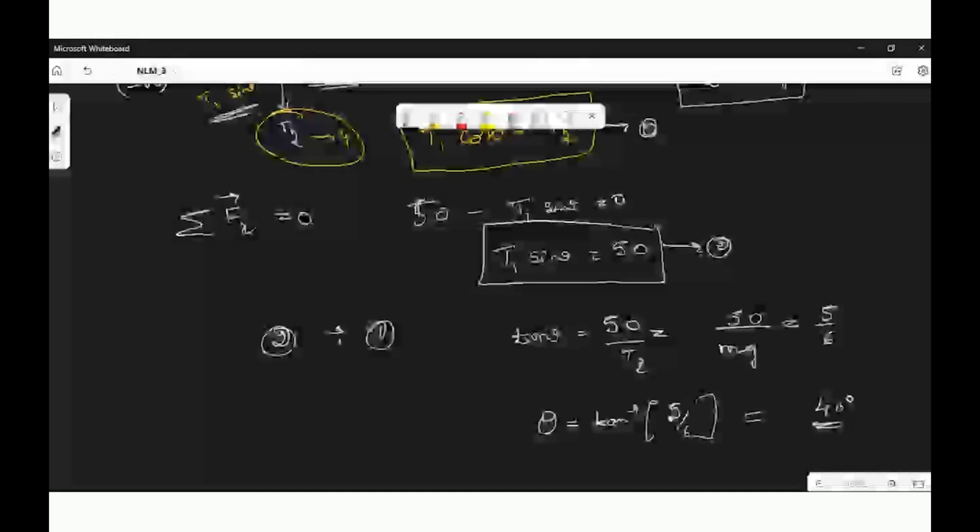If you have the table, you can check. Like 39 point something will come.